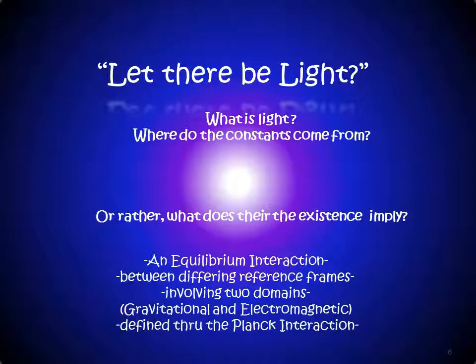I also want to ask, what does the existence of light and these constants imply? These constants and the existence of light itself and of all reality imply an interaction, an equilibrium interaction between different reference frames. They involve two domains, the gravitational and the electromagnetic, and these are defined through the Planck interaction.